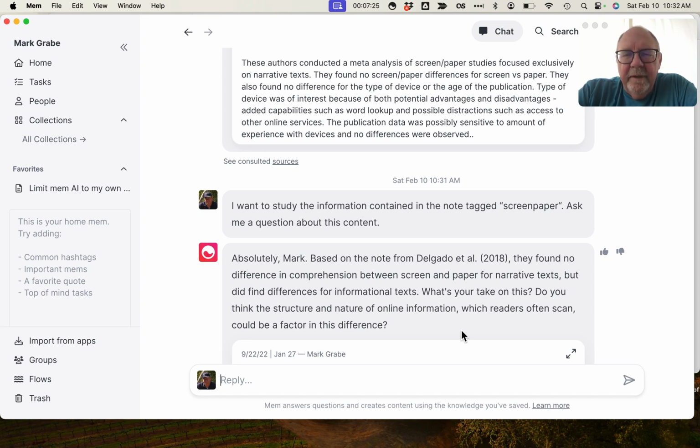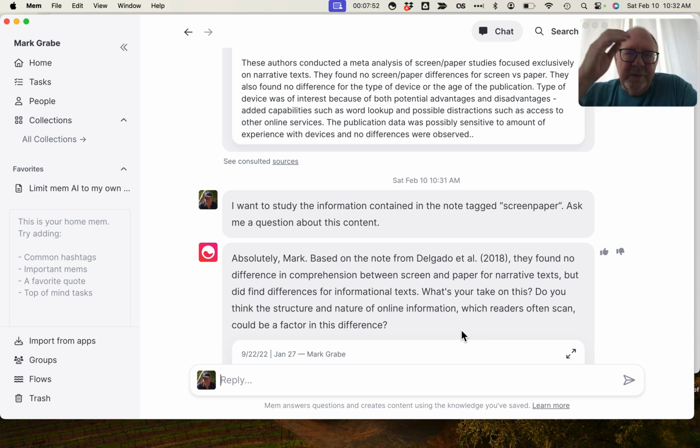Says, well, okay, they didn't find any differences for informational texts, which is called expository text, or narrative text, which would be equivalent to pleasure reading, fiction books. That would be a narrative.